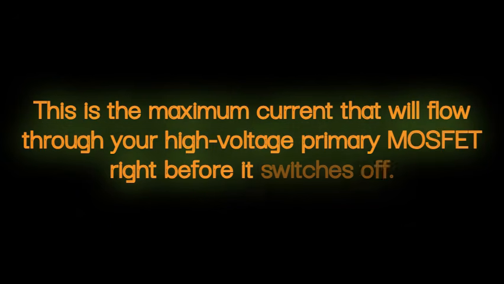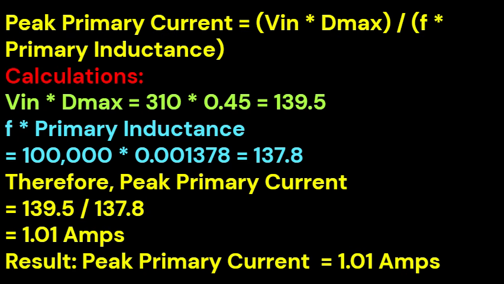Step 2. Calculate peak primary current IPK primary. This is the maximum current that will flow through your high-voltage primary MOSFET right before it switches off. Formula. Peak primary current equals V in multiplied by D max upon F multiplied by primary inductance.